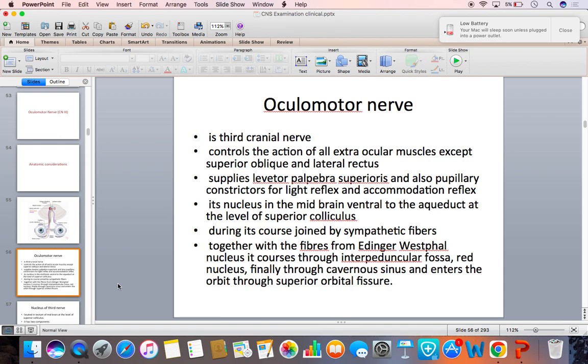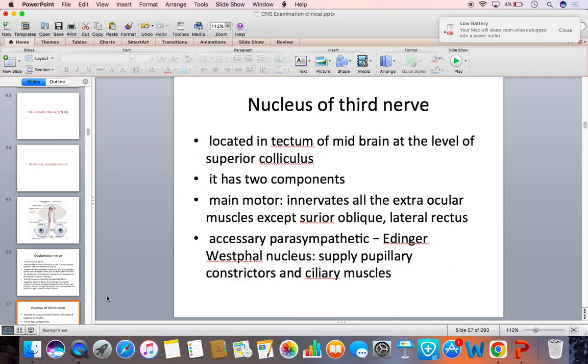Let us look into the various lesions of the oculomotor nerve. Before that, we already touched on the nucleus of the third nerve, which has a main motor as well as an accessory parasympathetic component, located in the tectum of the midbrain at the level of the superior colliculus.